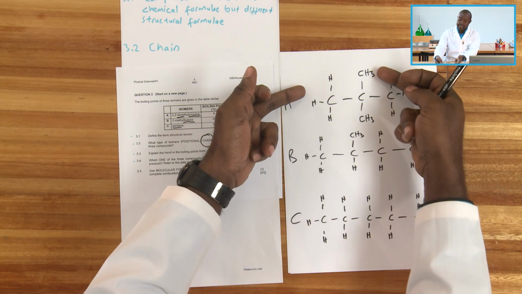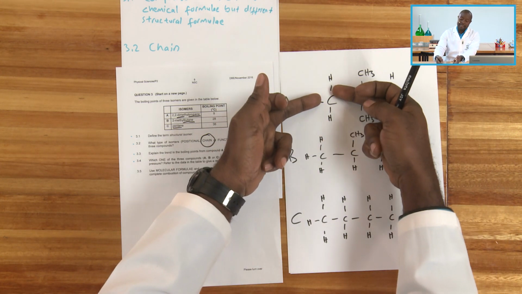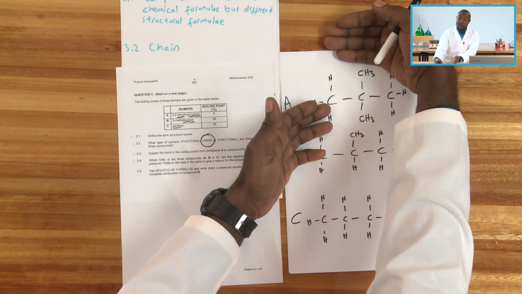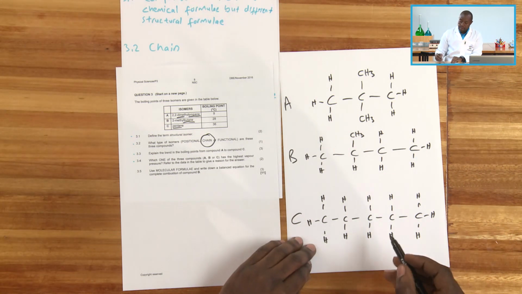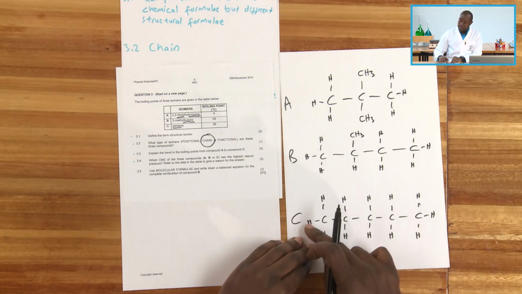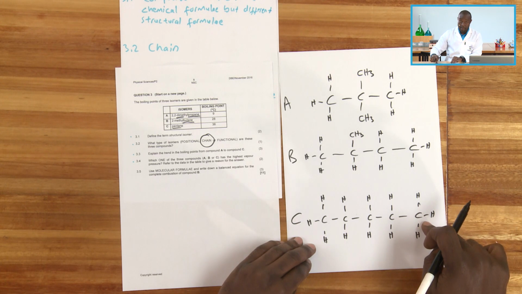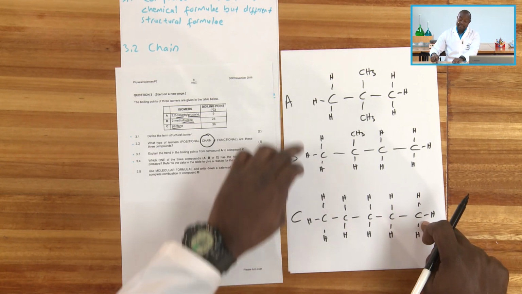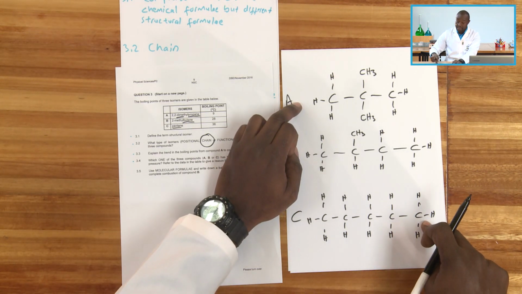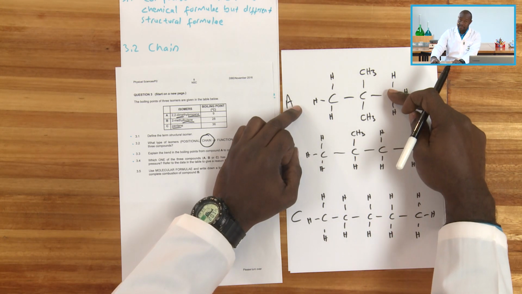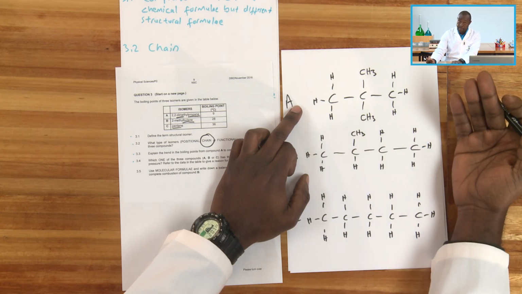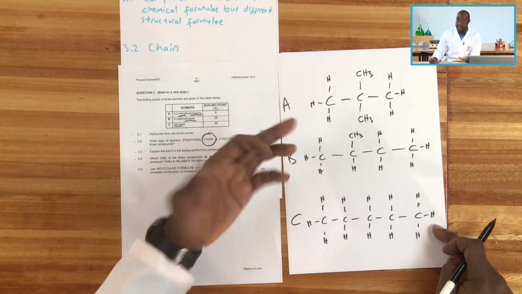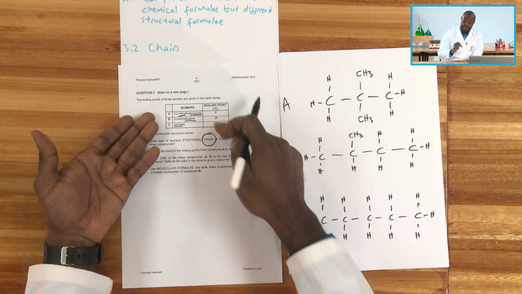Whereas this one is smaller, and therefore it offers a smaller surface area of contact with the next molecule. So because of that, we are going to get stronger intermolecular forces with the last compound C, and the weakest intermolecular forces with compound A. And because of that, compound A is going to have the lowest boiling point, and compound C is going to have the highest boiling point, which is what we are observing here.